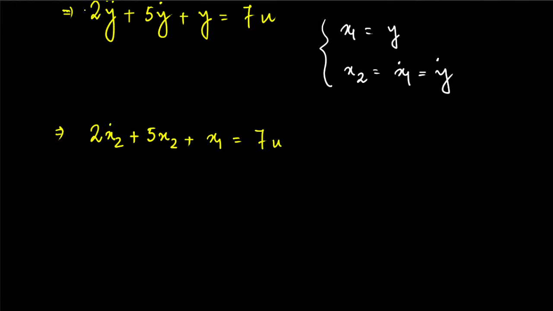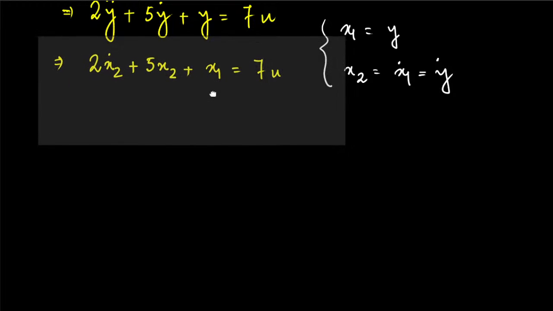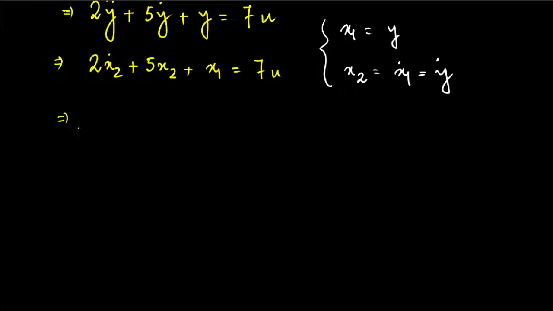From there we simplify this, so 2 x2 dot is minus x1 minus 5 x2 plus 7u, and I can bring this 2 over, so that becomes minus 1/2, minus 5 by 2, and 7 by 2. That's x2 dot, I mean.